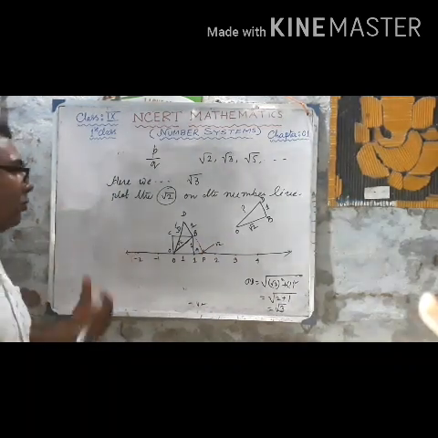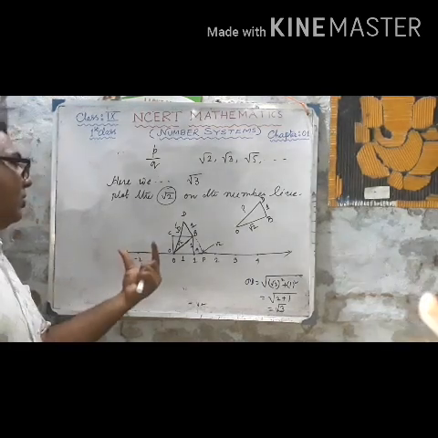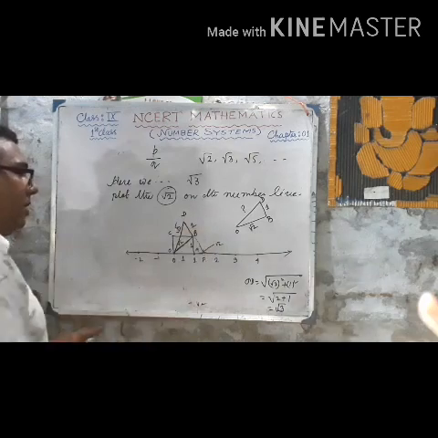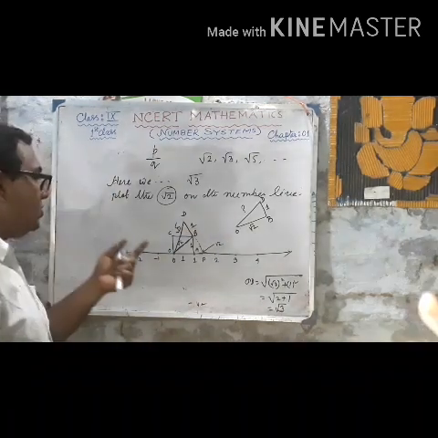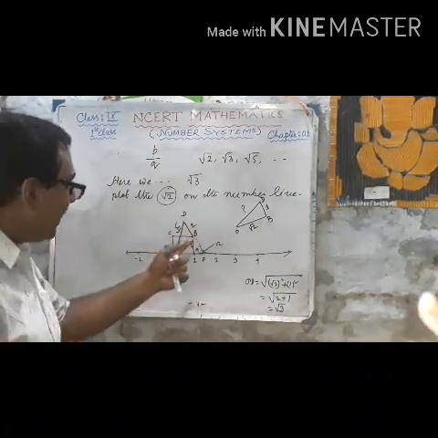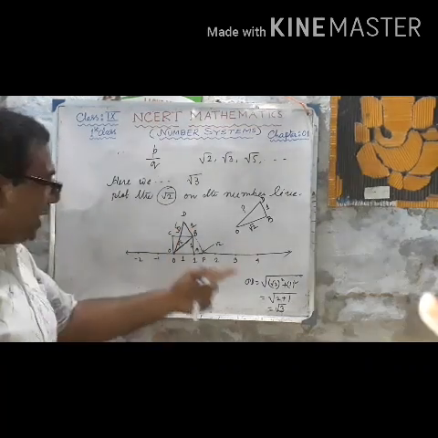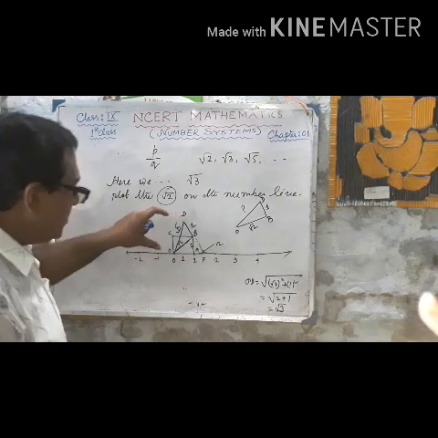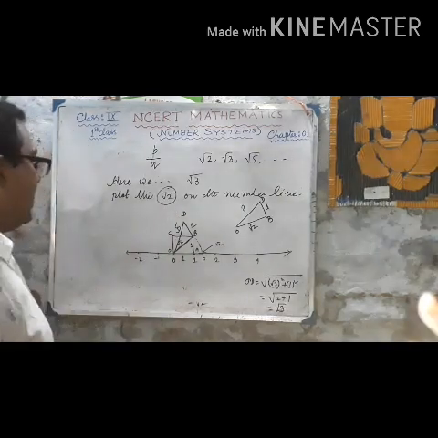In the case of root 3, we construct a perpendicular of length 1 on the line OB and join OD, forming the triangle OBD. The Pythagoras theorem gives us the length of OD, which is equal to root 3.